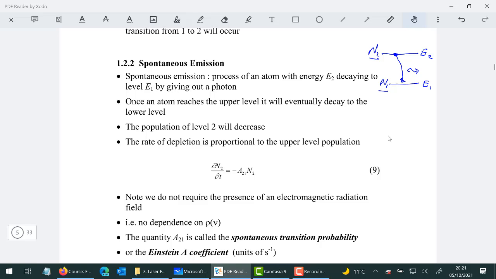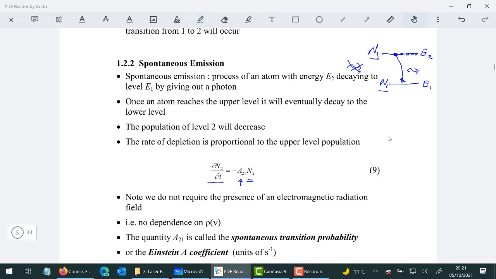So again, we can think about what is the rate of change of the number of atoms in level 2. So dN2 by dt will depend on how many atoms we've got up here. Does it depend on any incoming light? No, because it's a spontaneous process. So it only is proportional to the number of atoms that we start off with in level 2. And again, we have a constant of proportionality, and this one is now called the Einstein A coefficient.